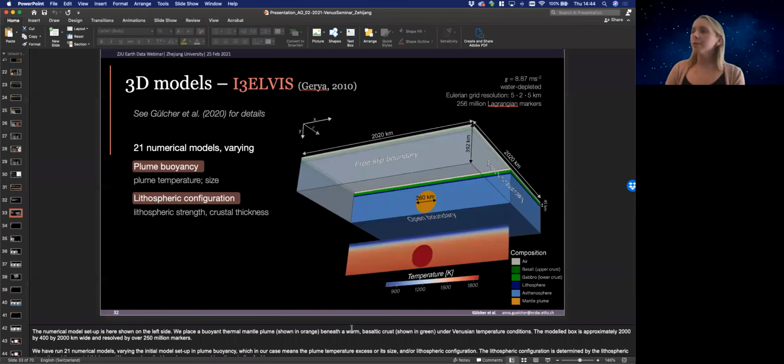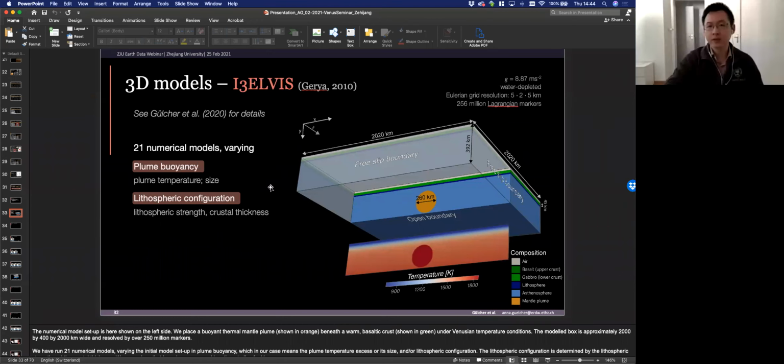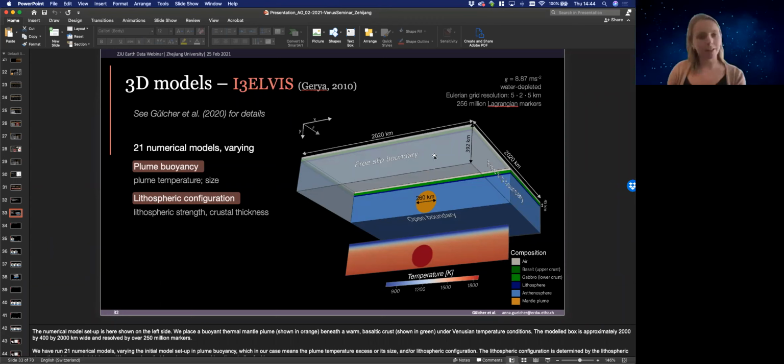But what is considered to be a good approximation to include in these finite difference models is the sticky air layer on top. This is not as accurate, I agree. The finite element method is likely better to really distinguish the actual solid surface from what's above it, but there have been many papers benchmarking that and showing that the sticky air method is appropriate to first order for a lot of structures.